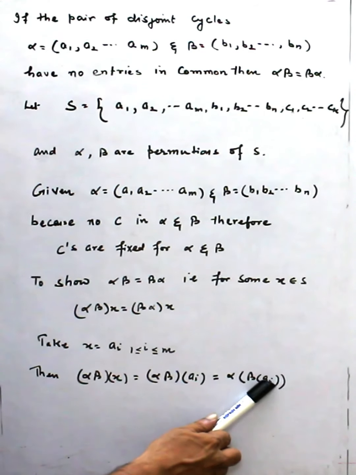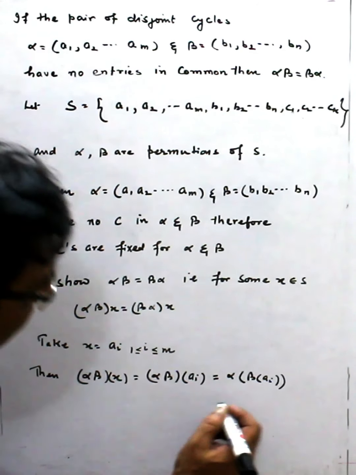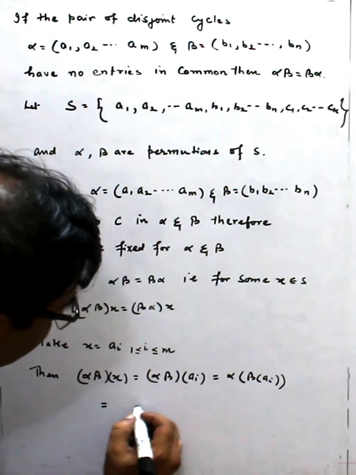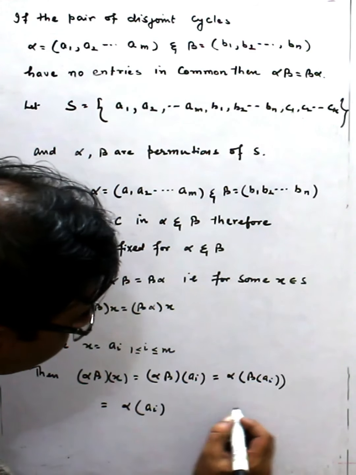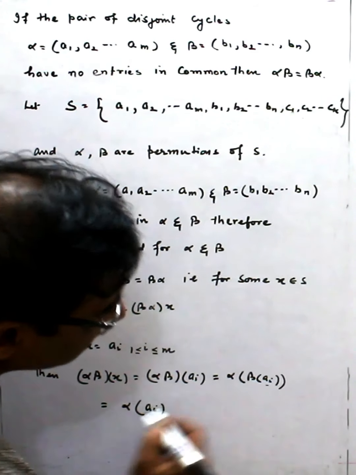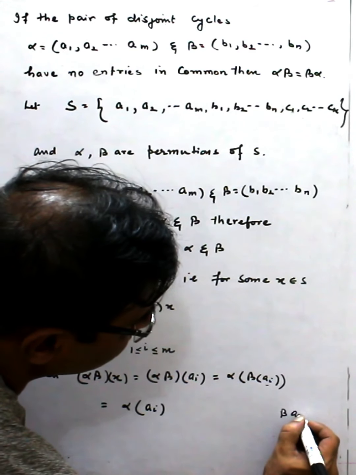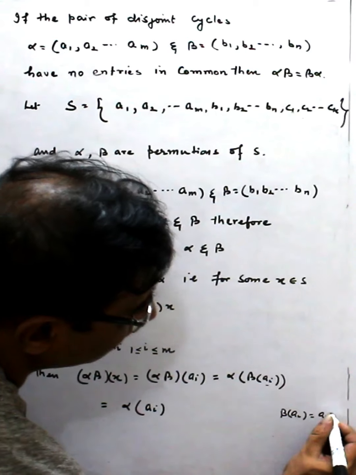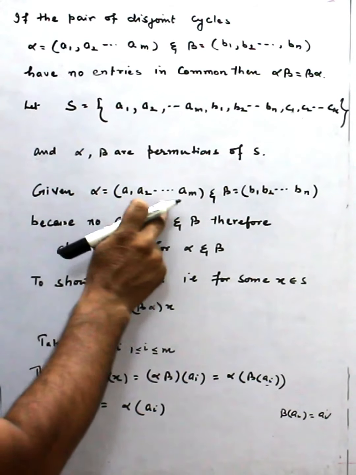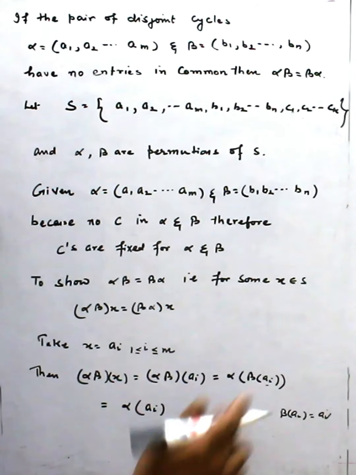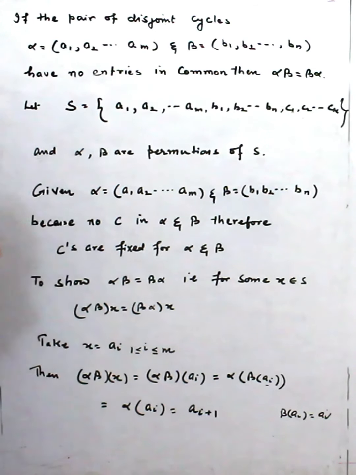Now because ai is not in beta, that means ai is fixed for beta. This means alpha ai, because this is fixed, beta will not change it. So beta ai is equal to ai. Now alpha is moving it to the next element, so this is equal to ai plus 1.